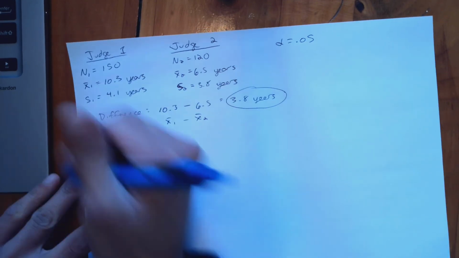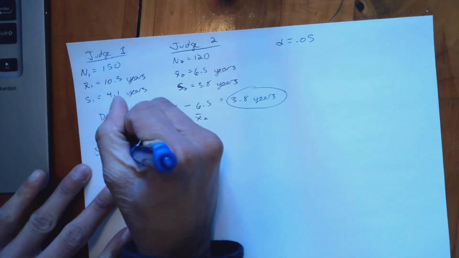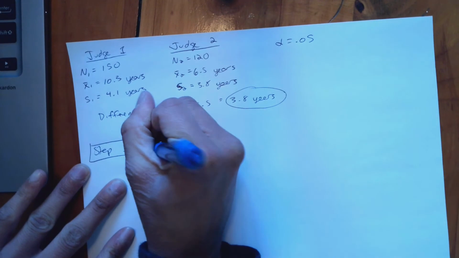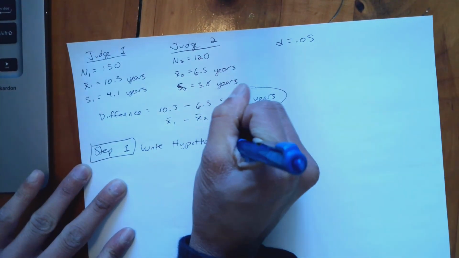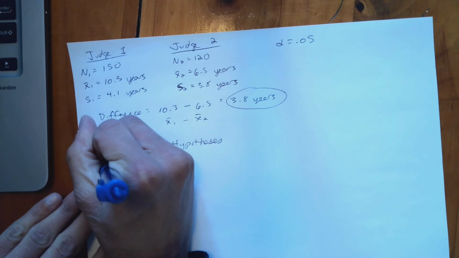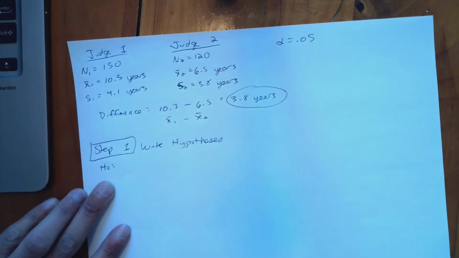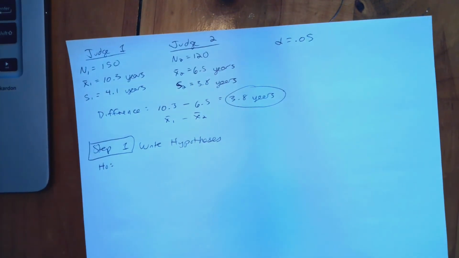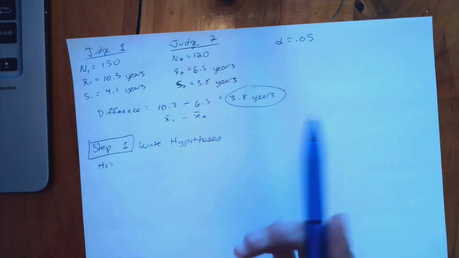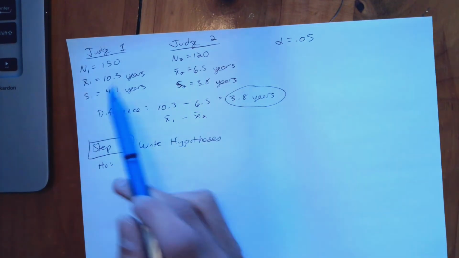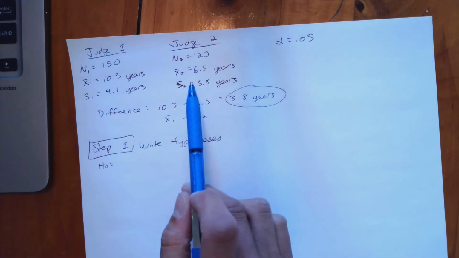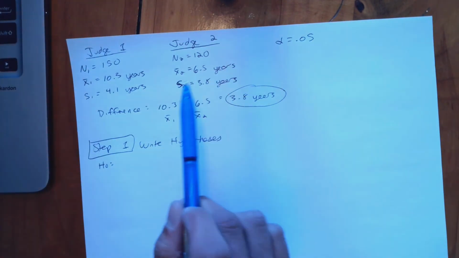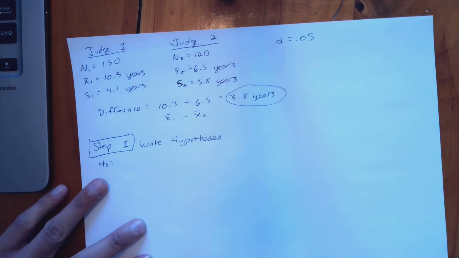So step 1, we're going to write out our hypotheses. Our null hypothesis is that the judges give the same sentences, and our samples just happen to have picked a bunch of people who got higher sentences from Judge 1 and a bunch of defendants who got lower sentences from Judge 2.